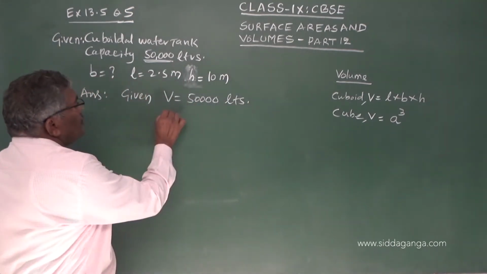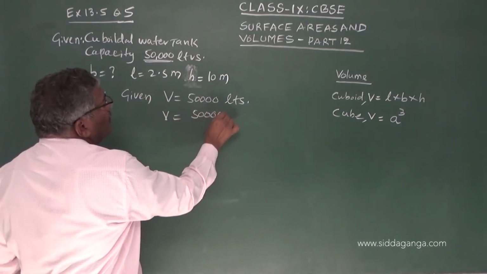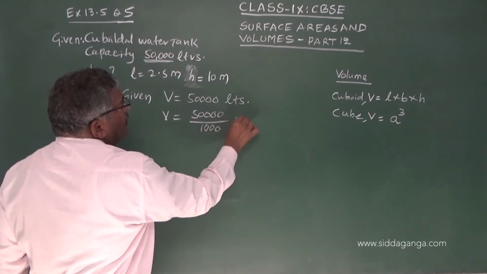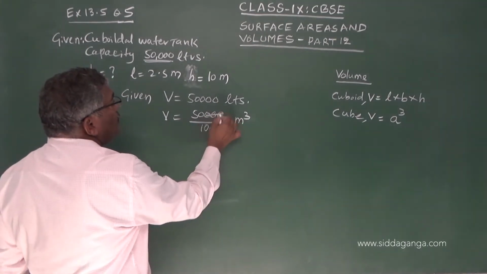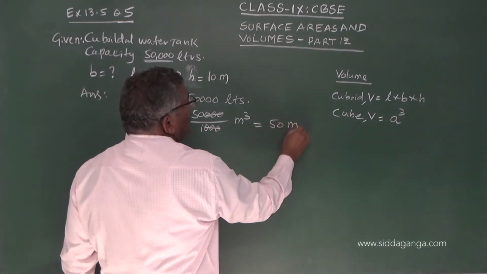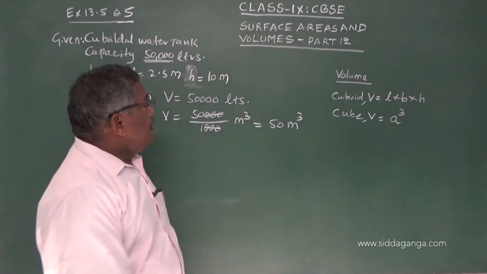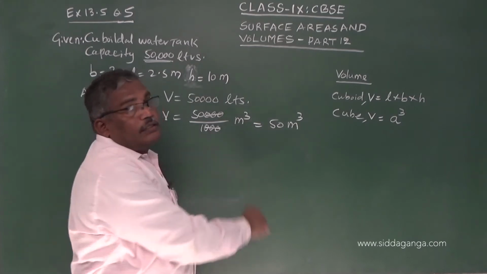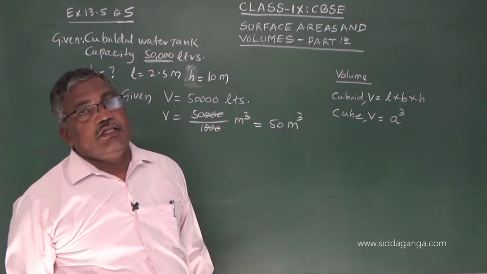Therefore, this is equal to 50,000 divided by 1000, we will convert liters into meter cube. So, 3 zeros will cancel, we will get 50 meter cube. 1 meter cube is equal to 1000 liters. So, 50 meter cube is 50,000 liters.